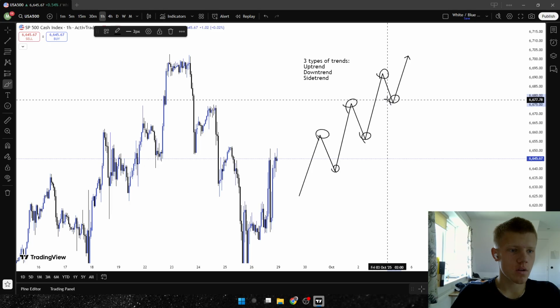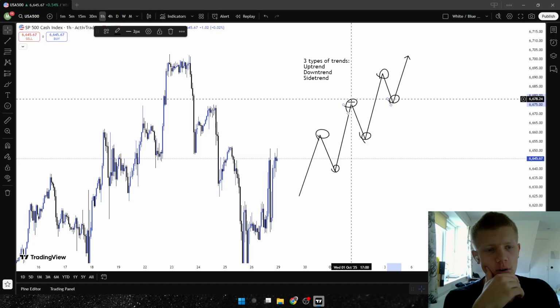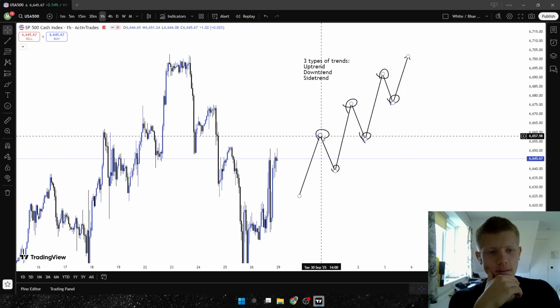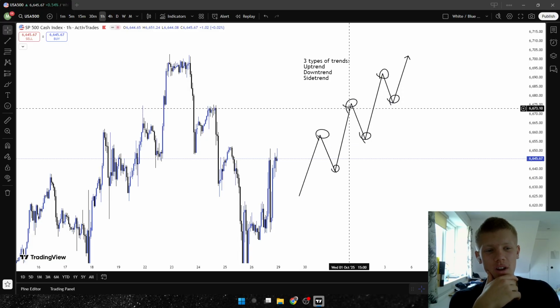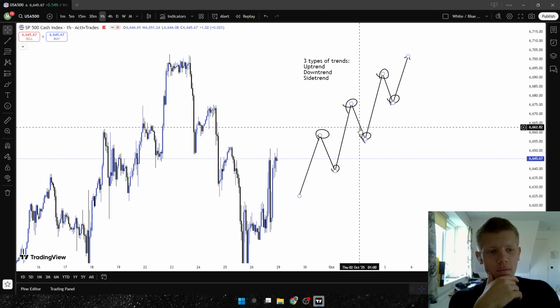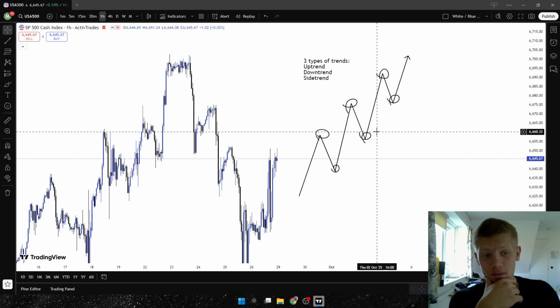Now, you don't just call this highs and lows. If we're in an uptrend, it's called a high, it's called a low, and it's called a higher high because it's higher than the previous high. Then we have a higher low, which means the low is higher than the previous low.